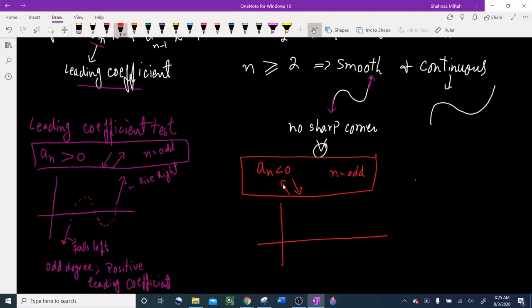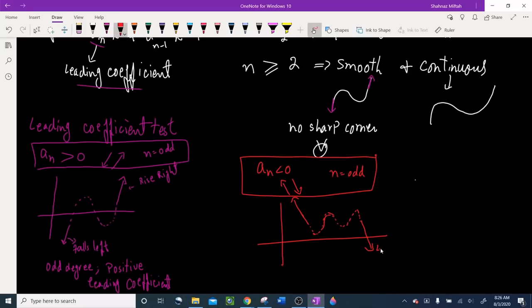It says rises to the left, so I'm rising to the left, and it's supposed to go down. Go up like this, and then it falls. There. So it rises to the left and falls to the right.